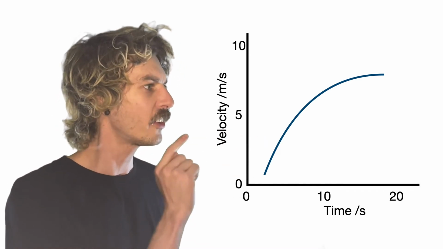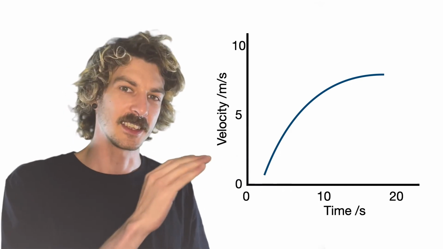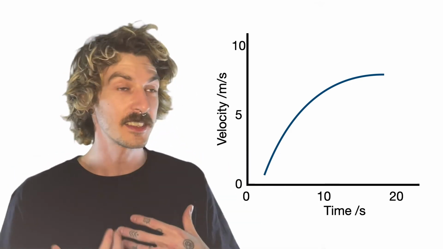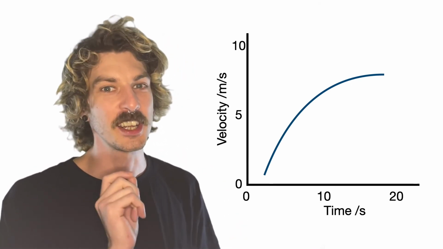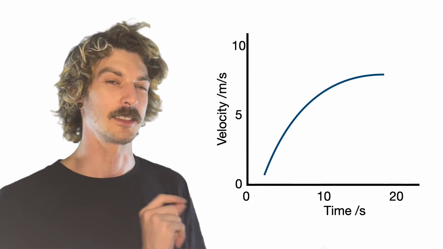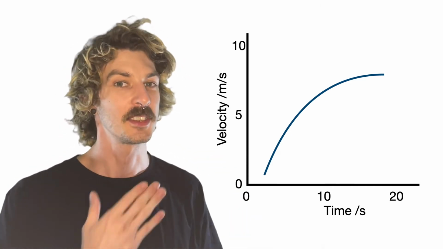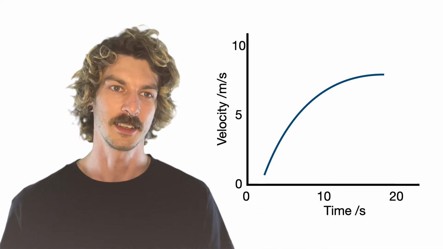The velocity is always getting higher and higher. It's just that the steepness of it is getting less. So the velocity is always increasing, this object is always accelerating, but the acceleration itself is getting less as time goes on. The gradient is getting less steep, so the acceleration is getting less, but it's always accelerating.